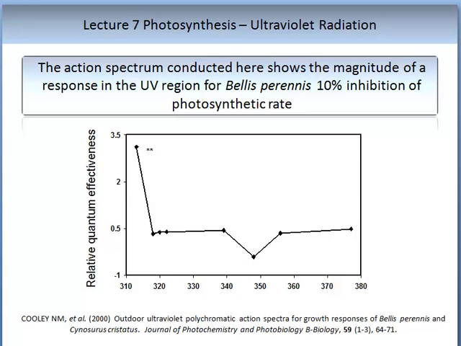This action spectrum is showing that there is a 10% inhibition of photosynthetic rate at wavelengths of radiation that are in the UV spectrum. This demonstrates that light can not only promote photosynthesis, but certain regions of light can inhibit photosynthetic rate. This is important in agriculture to understand how light can alter photosynthetic rates.